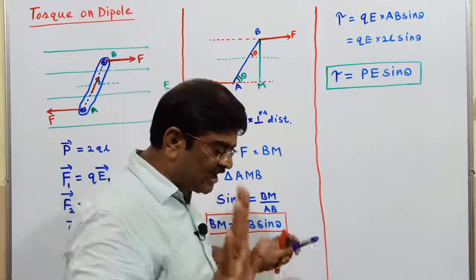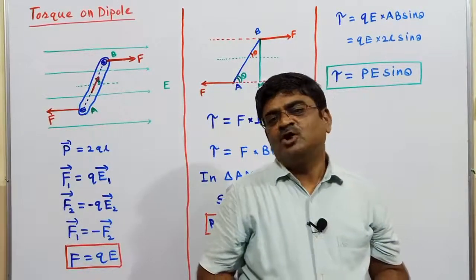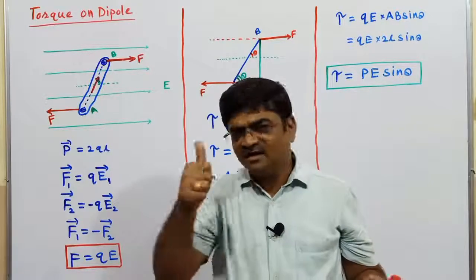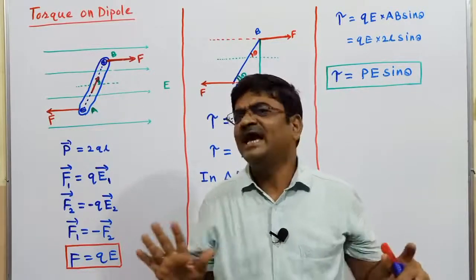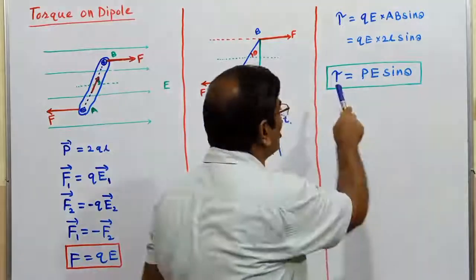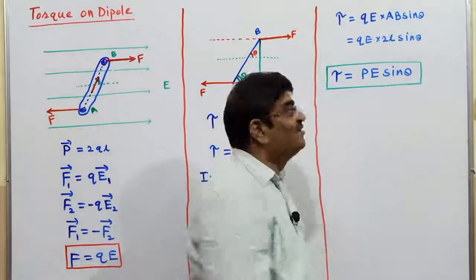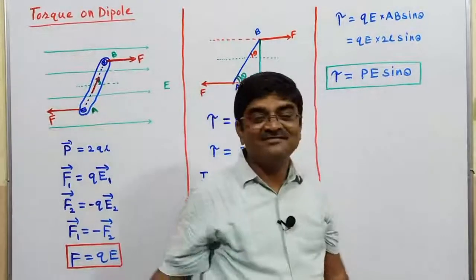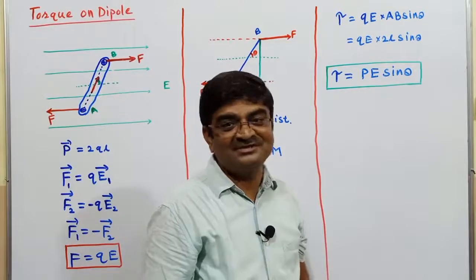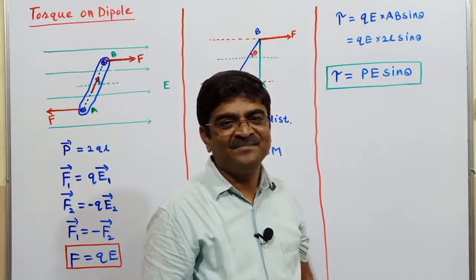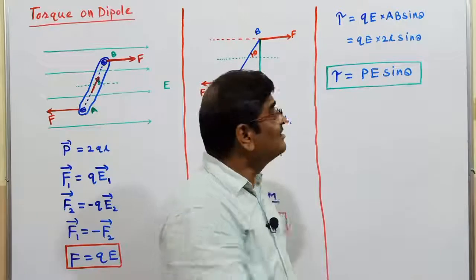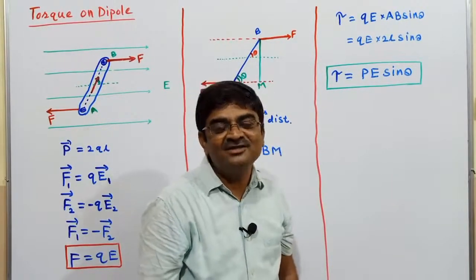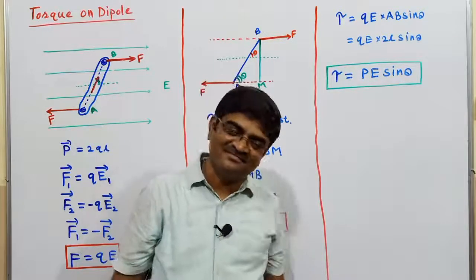So the point is to tell you that torque is a vector, and the direction of torque is given by the right hand rule. It's always along the axis. Now I have torque as a vector, p as a vector, and also E as a vector. So three vectors I have got, and I see that the two vectors on the right hand side are accompanied by the sine of the angle between them.